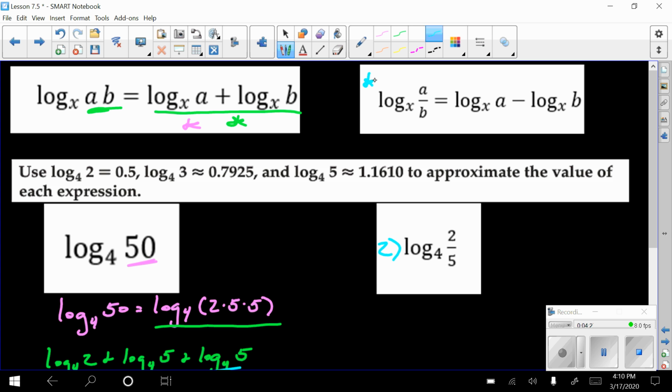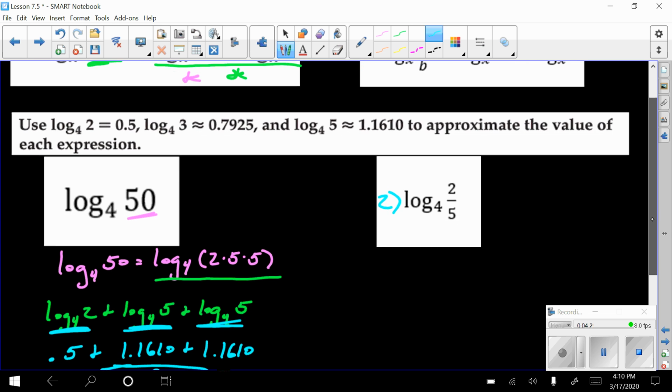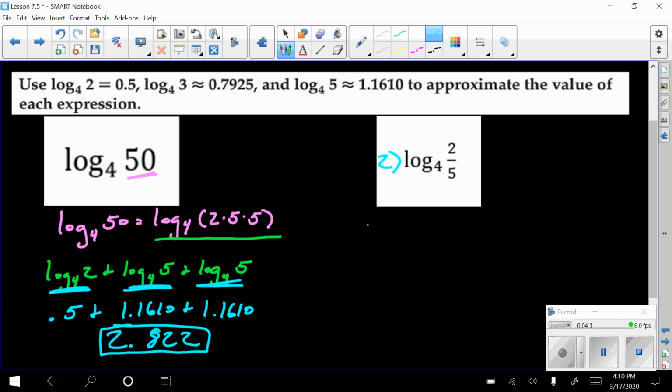So let's just separate it right away. Log base 4 of 2/5 is the same thing as log base 4 of 2 minus log base 4 of 5.